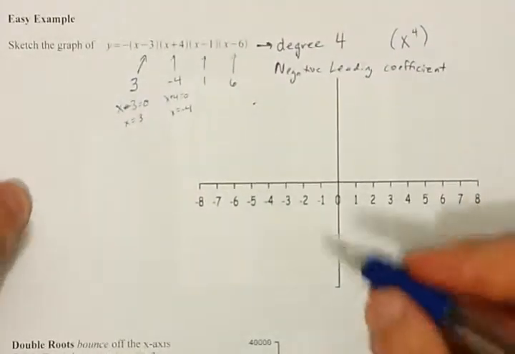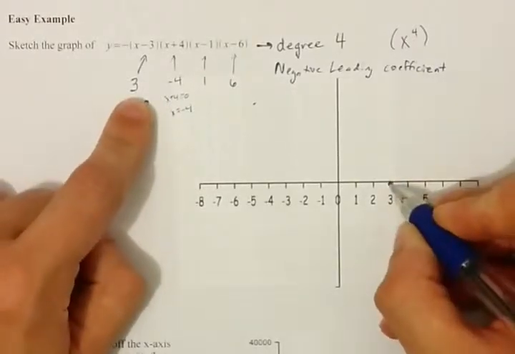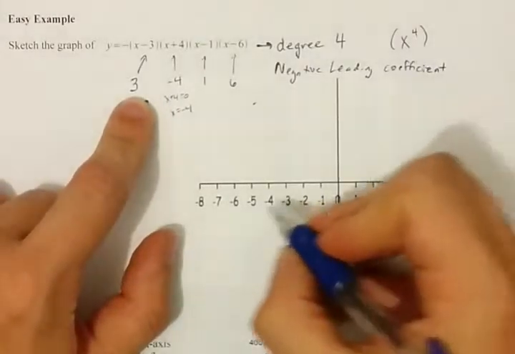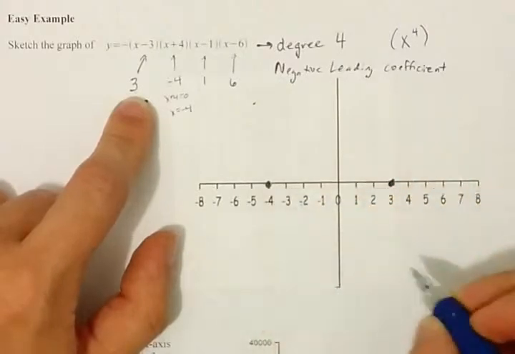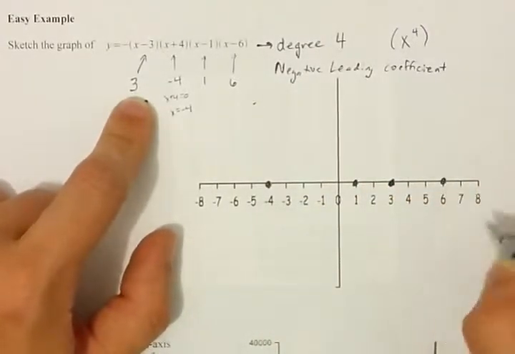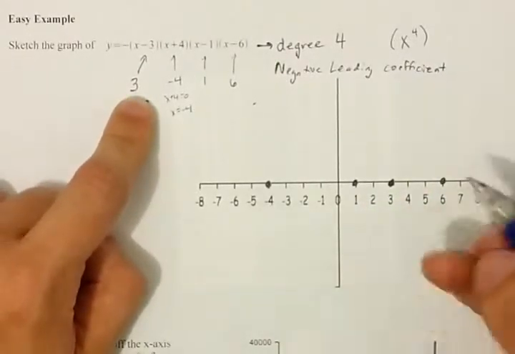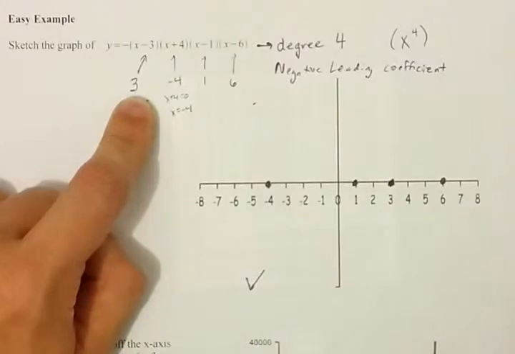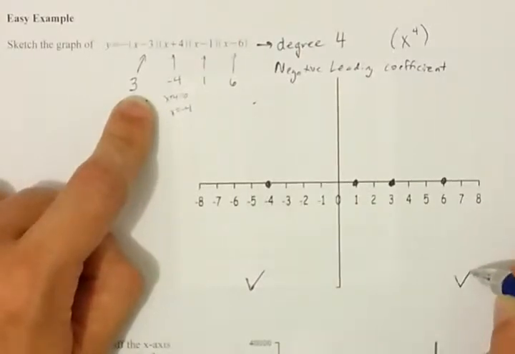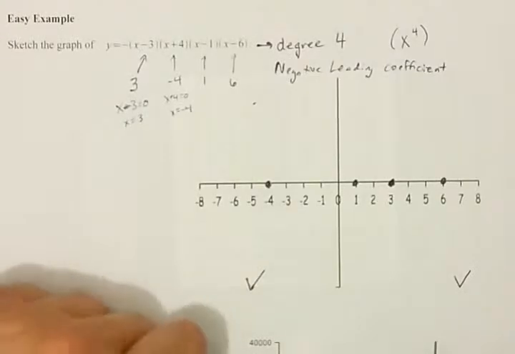So, how do we go about sketching this curve? Well, I have x-intercepts at 3 and negative 4 and 1 and 6. And I open down in both directions. What I just do for that is I draw an arrow down here and an arrow down here, just a little farther than my outer points.